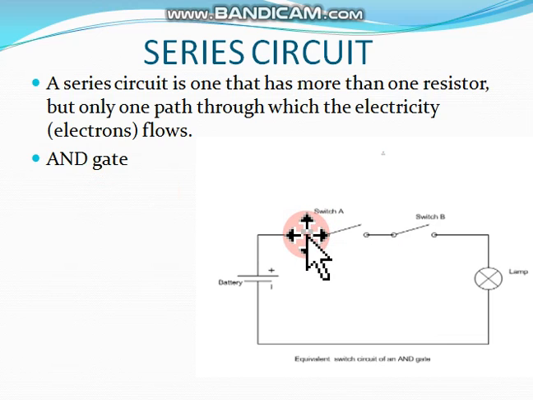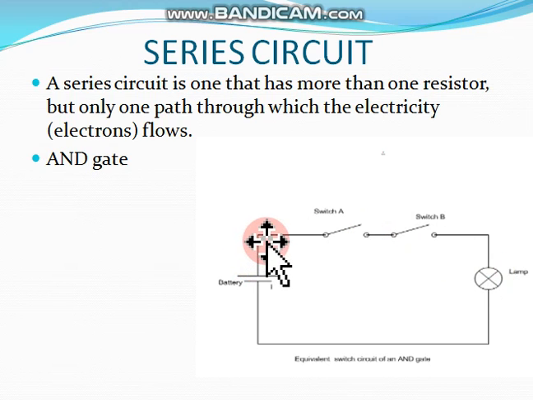So here is an image representation of a series circuit. As you can see from the definition, it only has one path through which electricity flows. We have switch A and switch B, and this is the lamp that we're supposed to light.